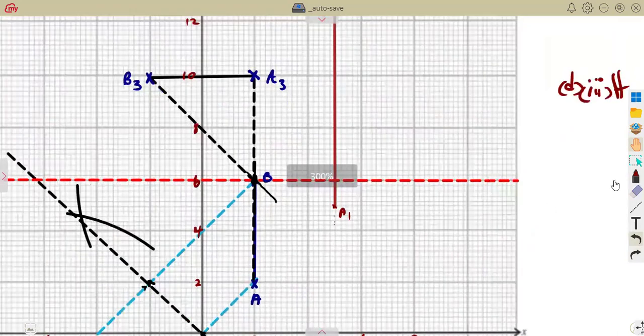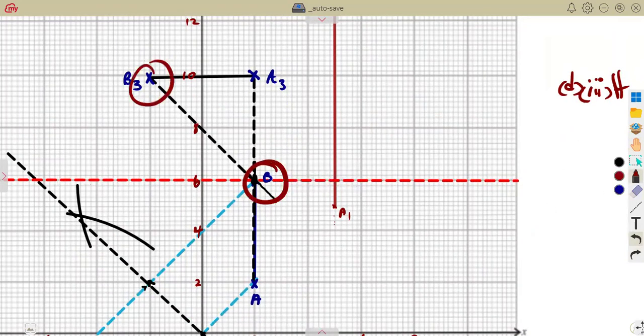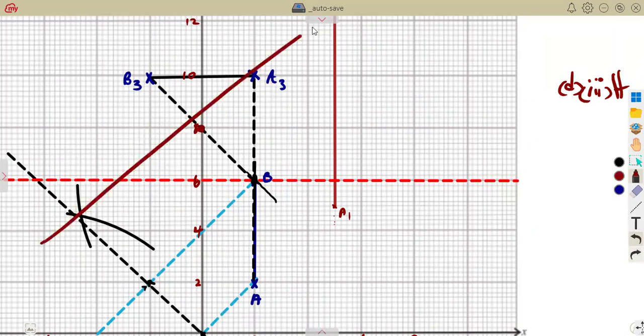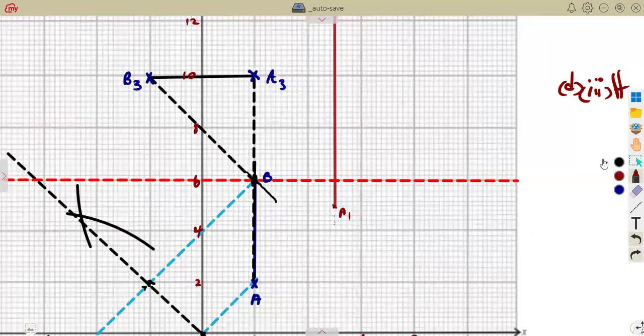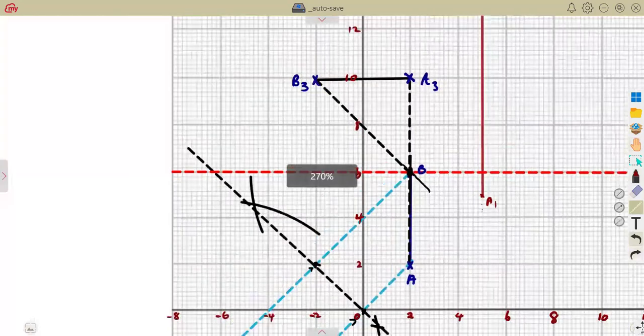You do the same thing on B and B3. You open more than half, just like that part you scribed here and here. You're going to see that line was going to pass through here, the center, like this. If you do it properly, that is how your line was going to be.